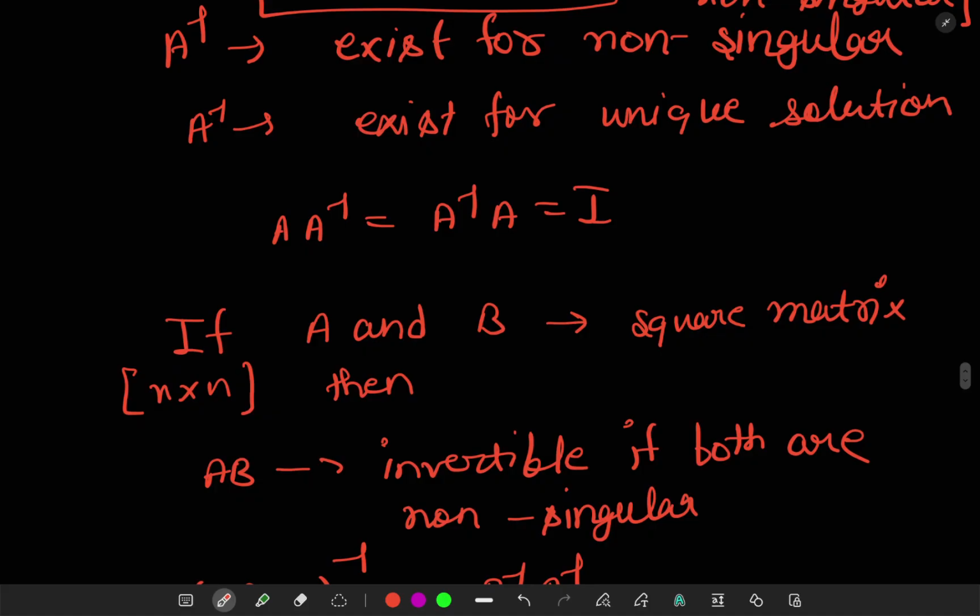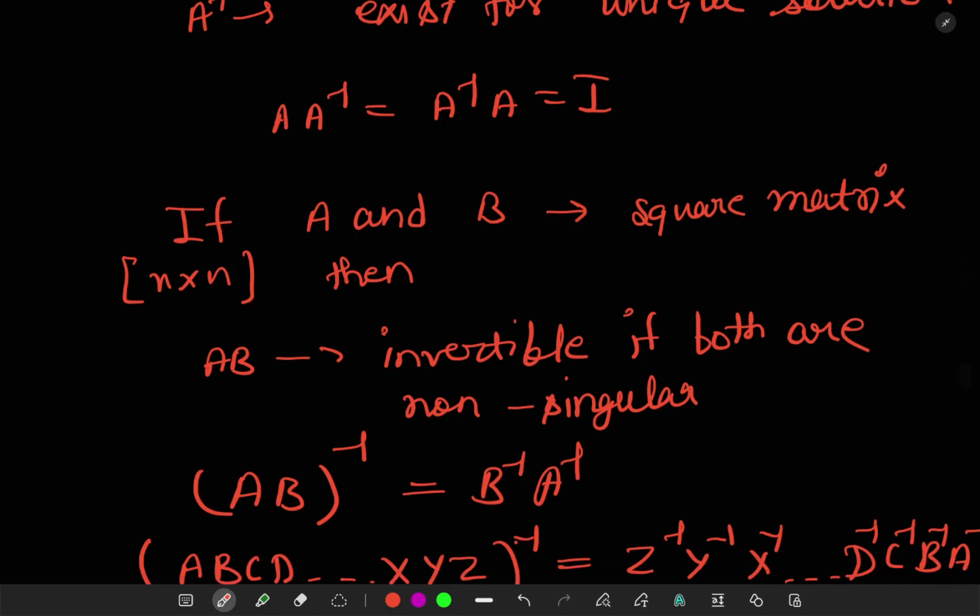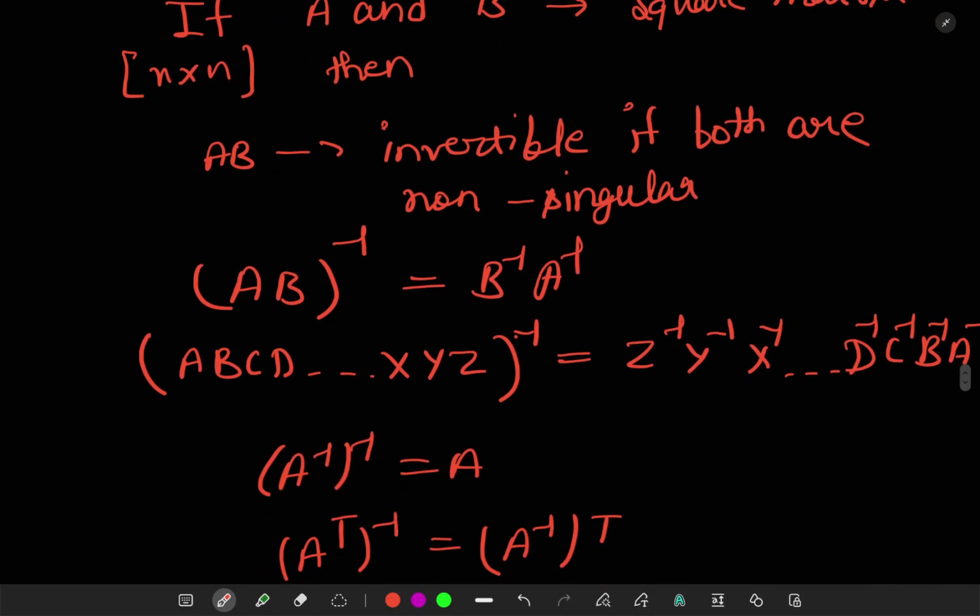Now, if A and B are square matrices of order n into n, then the product A into B matrix is invertible if both are non-singular matrices. If so, then AB inverse is equal to B inverse A inverse.